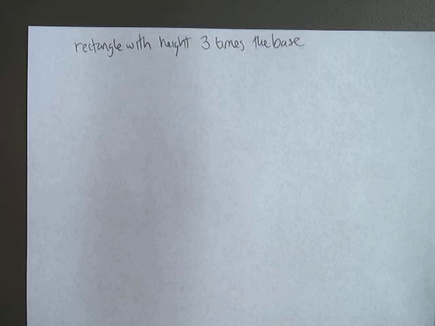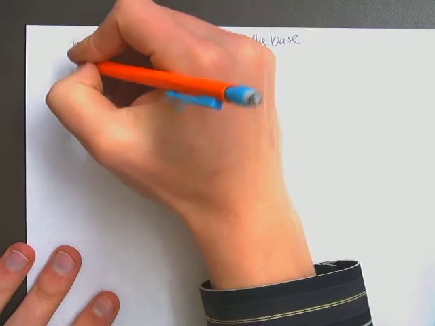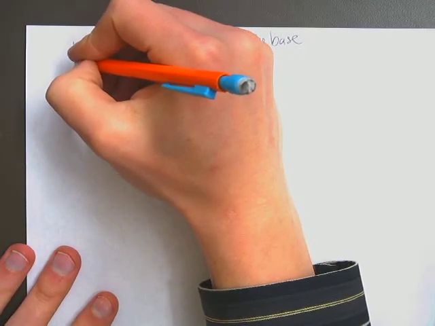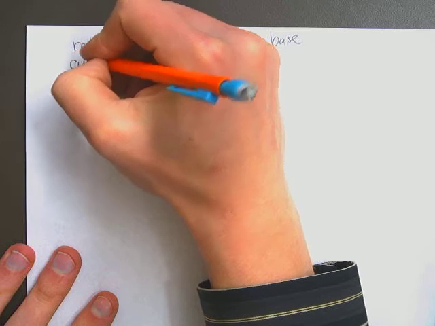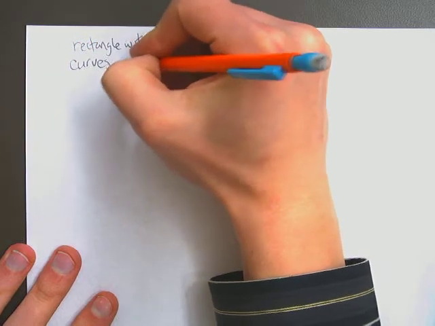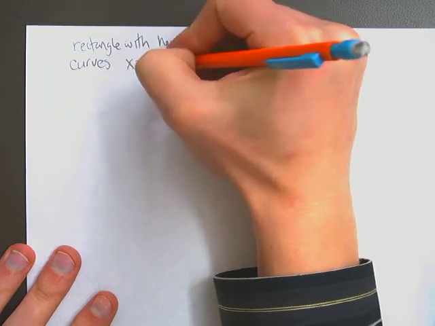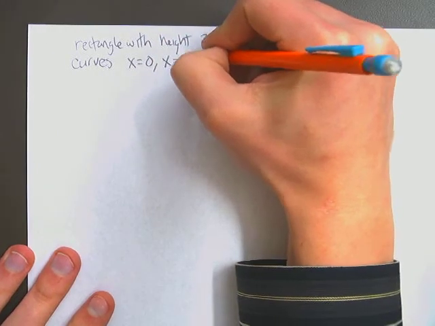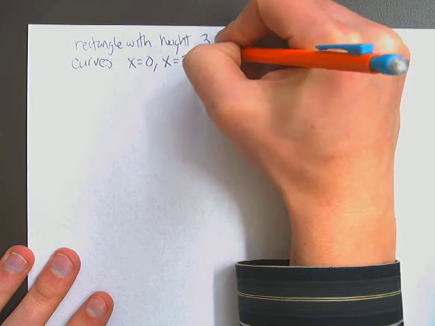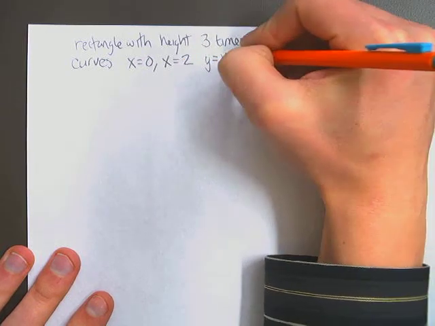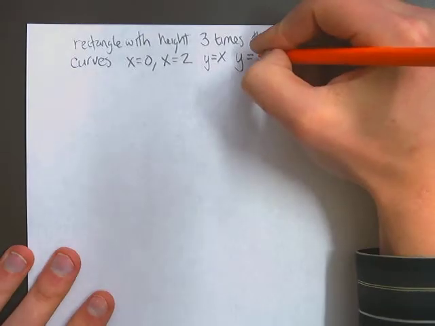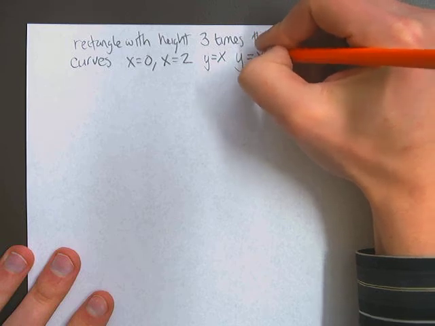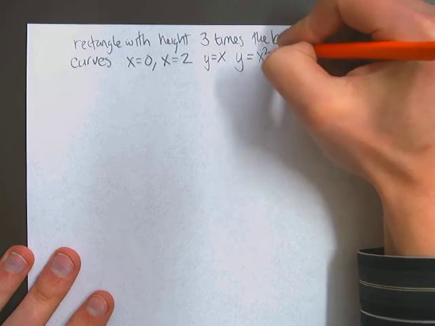My shape is going to be cut off by the curves x equals 0, x equals 2, y equals x, and y is equal to x squared minus 4.